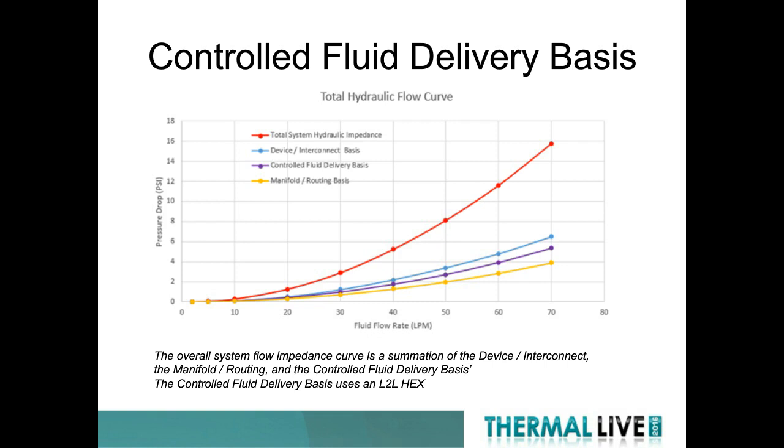And again, remember, we're not running 40 LPM through that small loop, but if we divide that 40 by 36, then we're running 1.1 or equivalent, much lower flow through there. But the pressure drop that we have is additive. And what you can see here is that we have our total system hydraulic impedance in the red curve. That is what we have to overcome.